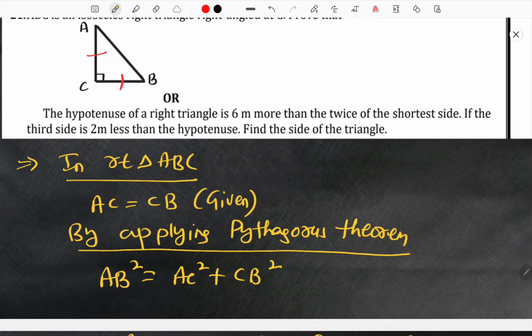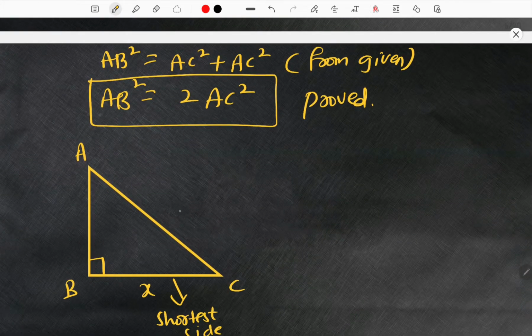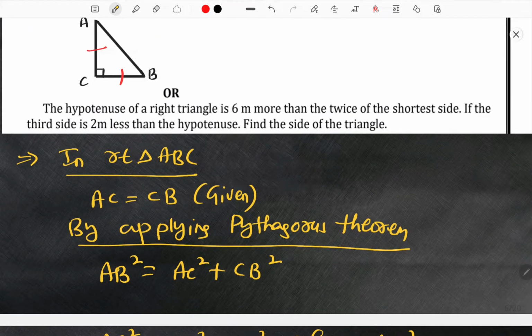And what they are saying is the hypotenuse of a right triangle is 6 more than twice the shortest side. So this is hypotenuse. Twice the shortest side is 2x, and 6 more means plus 6. So AC is equal to 2x plus 6. Now the third side is 2 meter less than the hypotenuse.